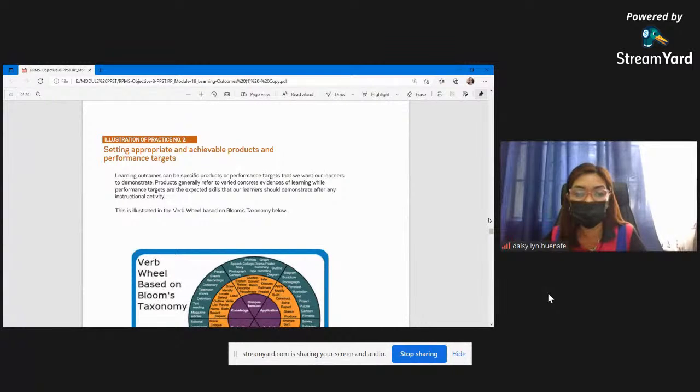So products generally refer to varied concrete evidences of learning, while performance targets are the expected skills that our learners should demonstrate at any instructional activity. These are the expected skills that our learners must apply or practice.